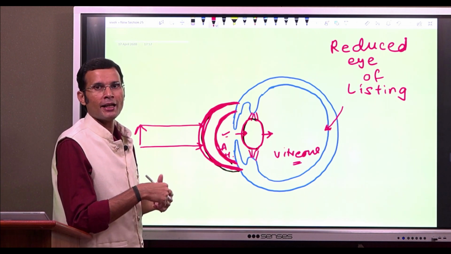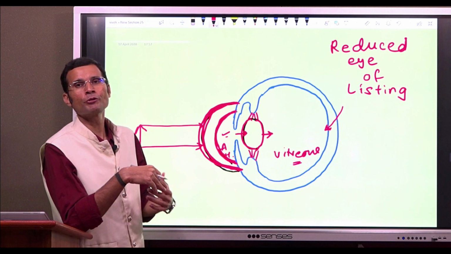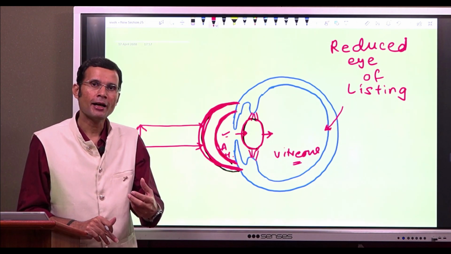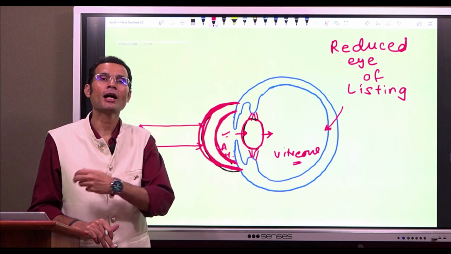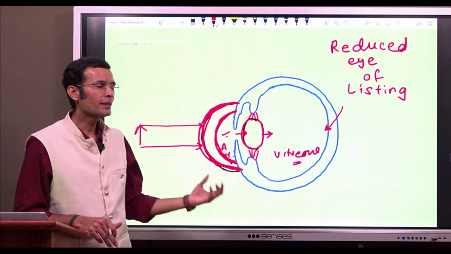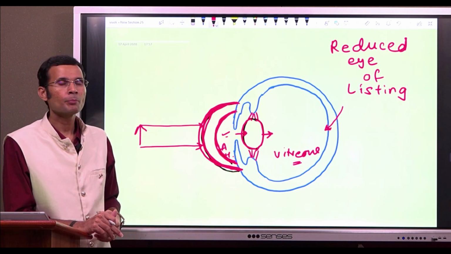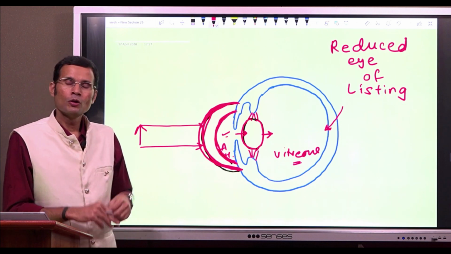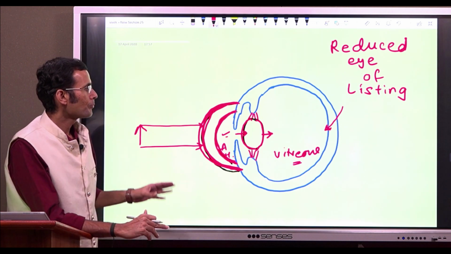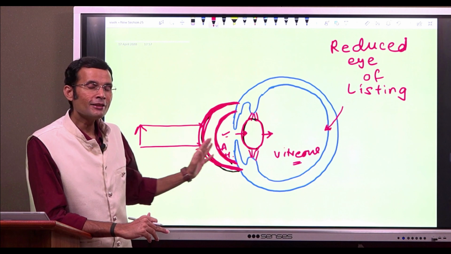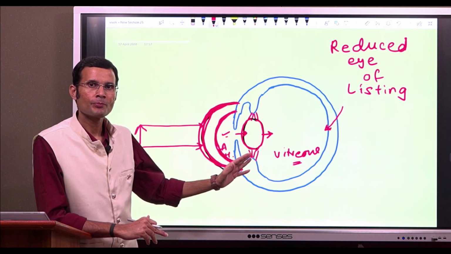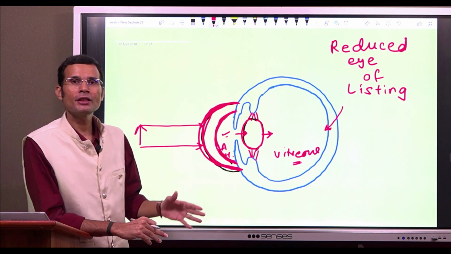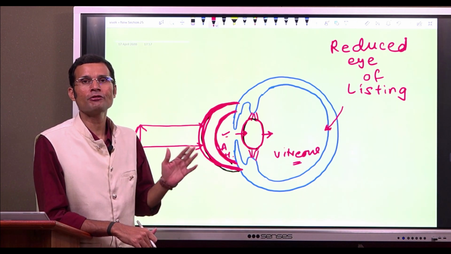So, in order to understand and have a simplistic view of this model, we have that schematic eye or reduced eye, a simplistic version of the eye. Some people also call this the mathematical model of the eye. What is that reduced eye? All these four planes of refraction are algebraically added to consider only a single plane of refraction.